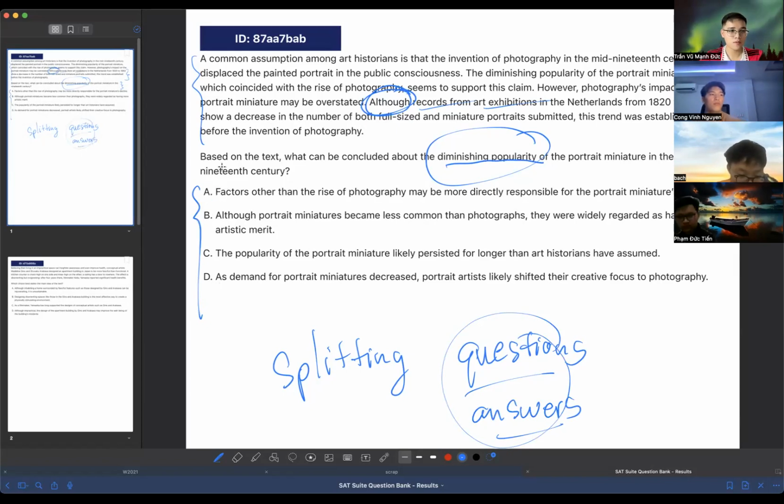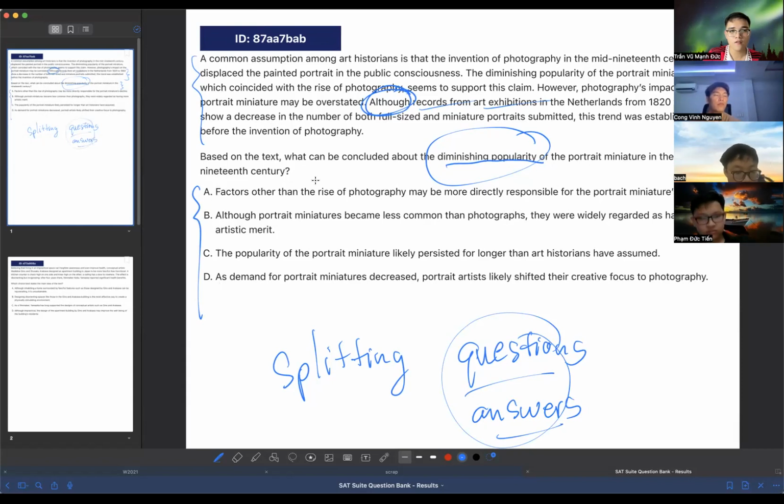We find the most important part, the part that makes the question or the answer stand out from every other one. For example, A: factors other than the rise of photography may be more directly responsible for the portrait miniature decline.